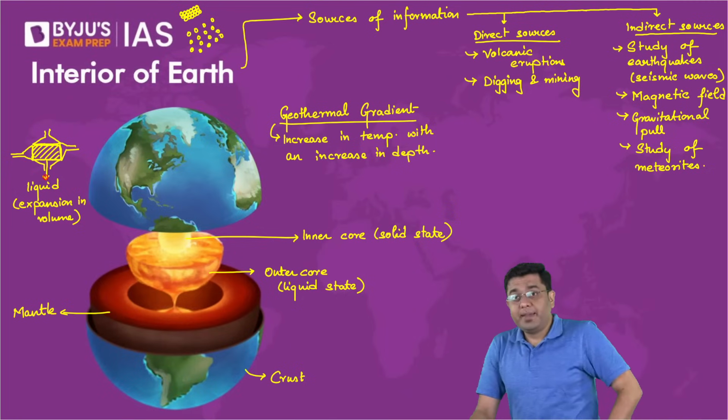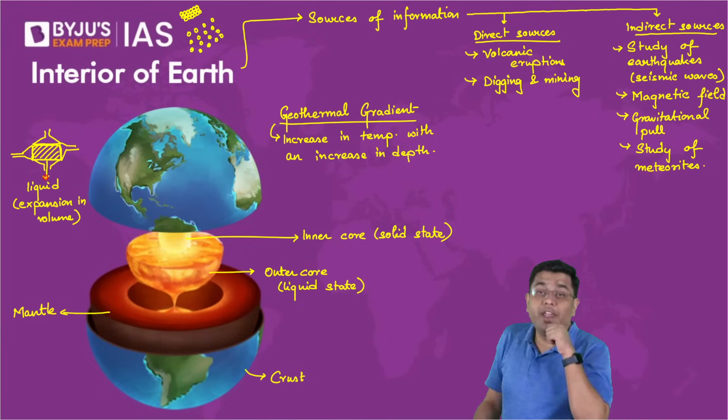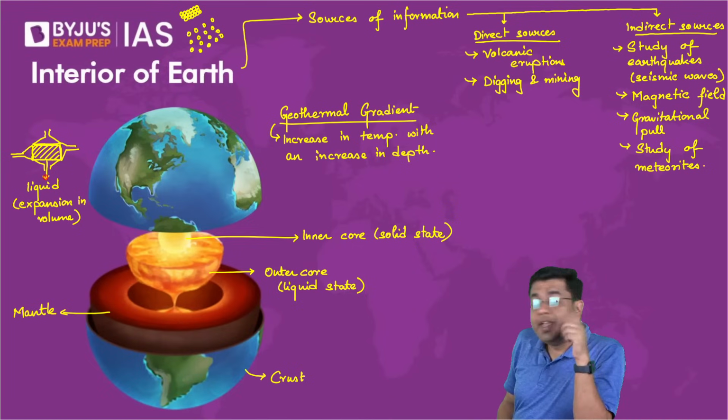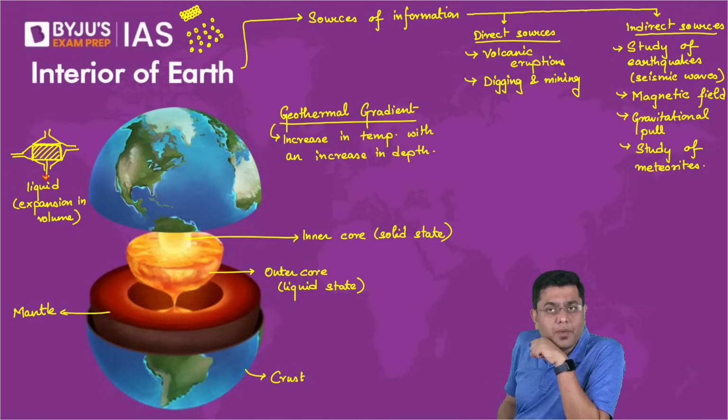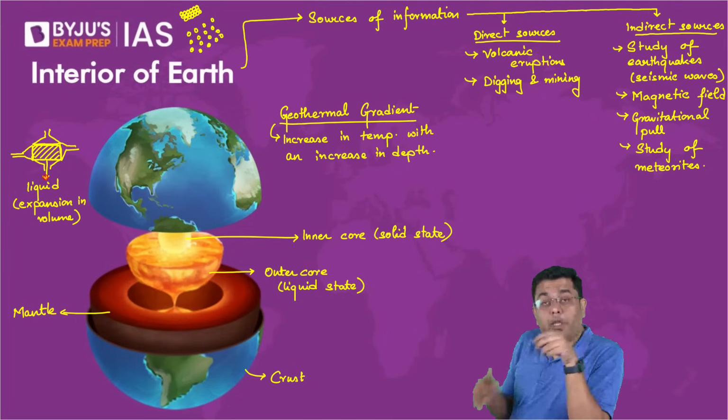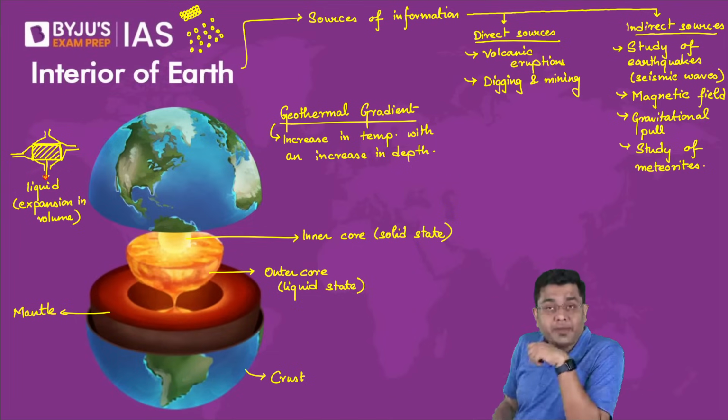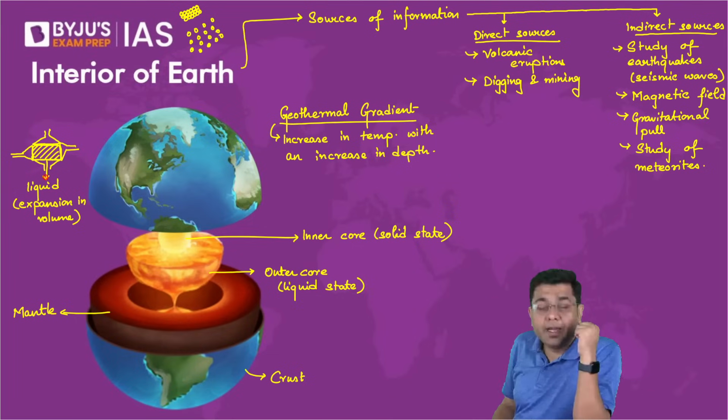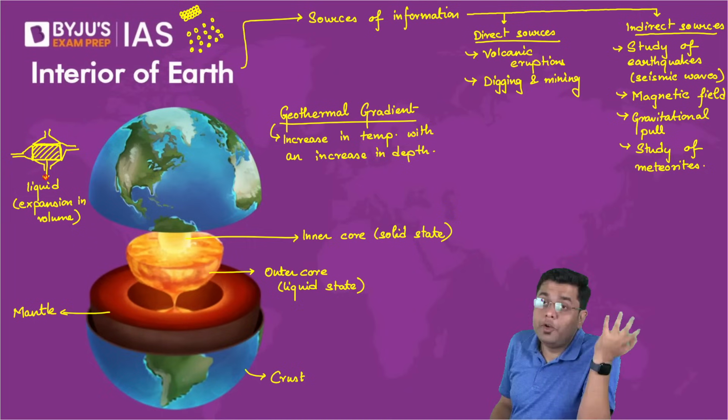In that case, if the solid is not allowed to expand at all, then what will happen? Will it get converted into liquid? No, because the molecules have no place to free themselves, no place to develop a kind of flow. So it will not melt, right?